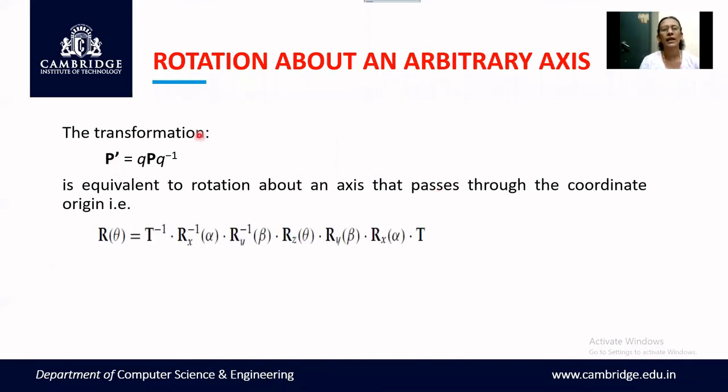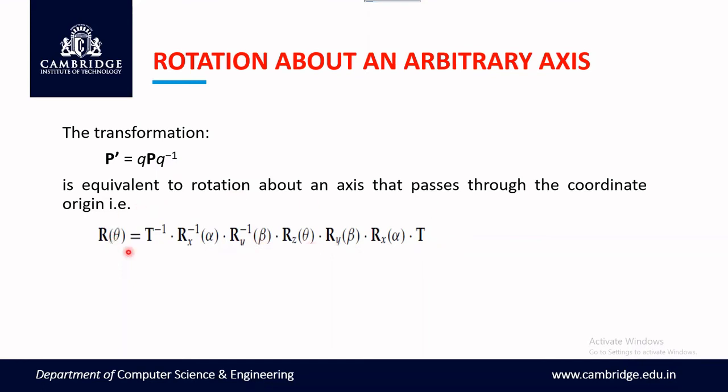So now the transformation P dash equal to Q into P into Q inverse is equivalent to what you had done: R theta equal to T inverse into Rx inverse of alpha, Ry, that is rotation about the y-axis, inverse by beta, into Rz theta.